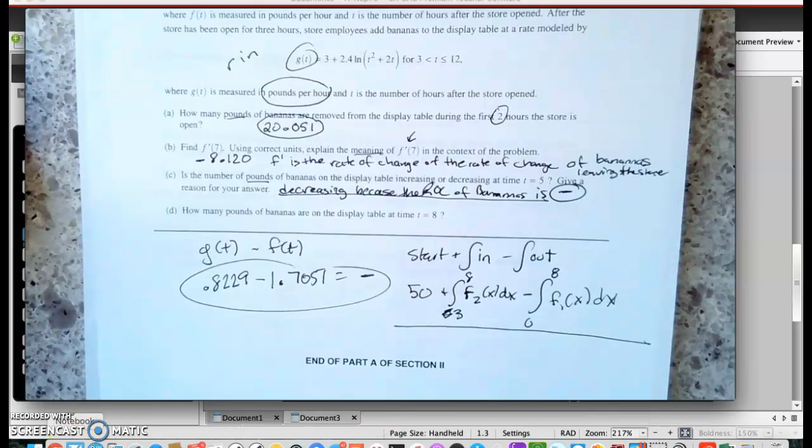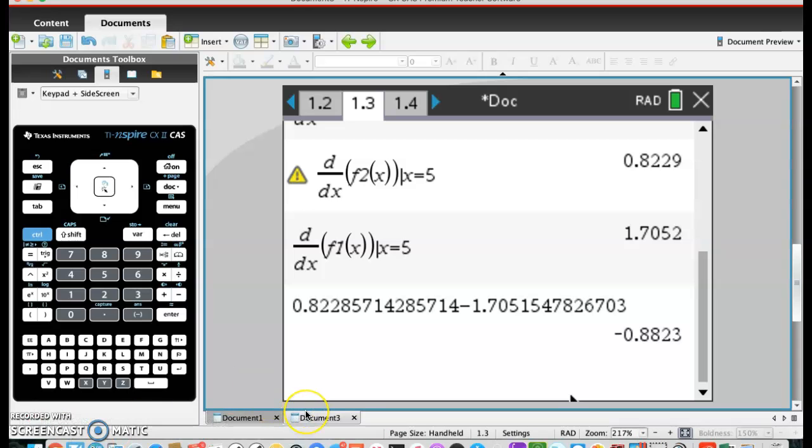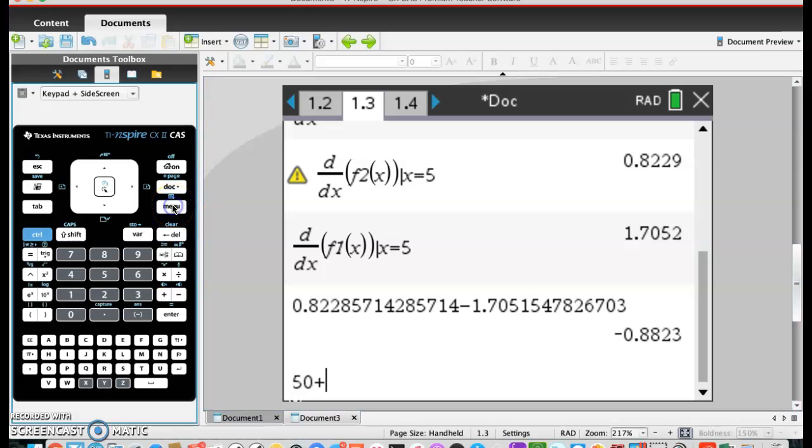So now I'm going to go to the calculator. I'm going to enter this in, 50 plus, and this is why I stored it in the graph so I don't have to keep typing them in.